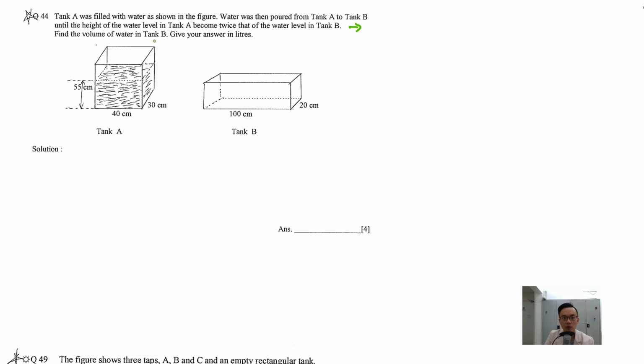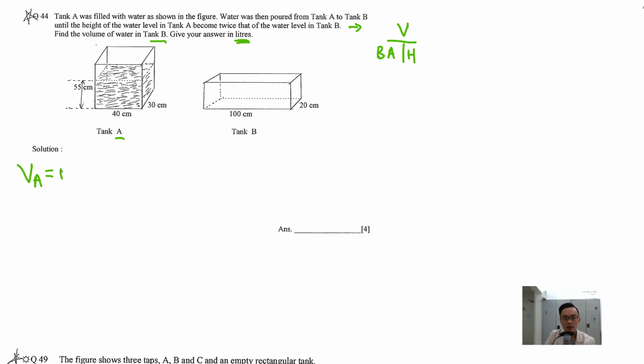Find the volume of water in tank B. Give your answer in liters. So this one, you have to divide by 1,000 or times 1,000, depending on what you are converting from or to. So first of all, let's find out what's the volume of water in tank A. So volume in tank A is equal to, let's draw my lovely triangle again, volume, base area, and height.